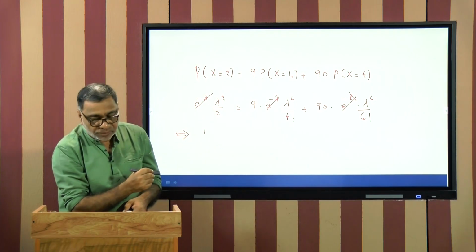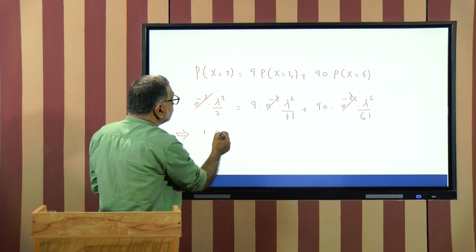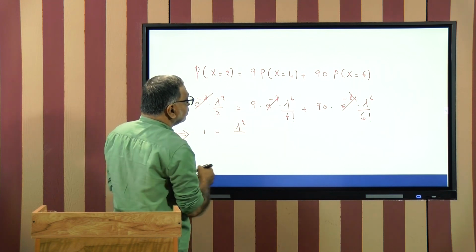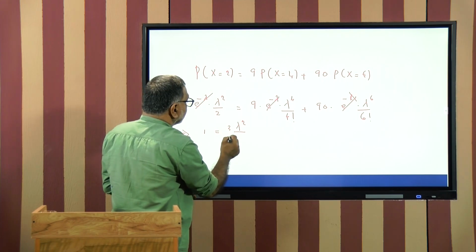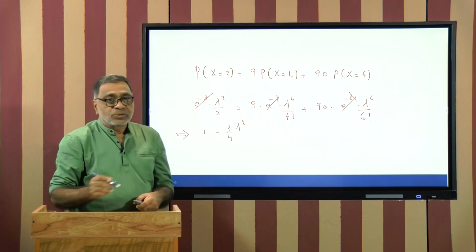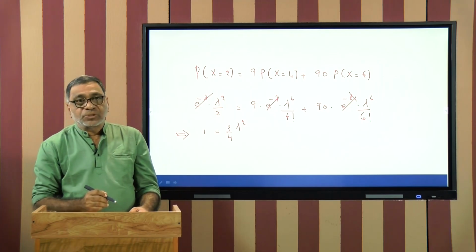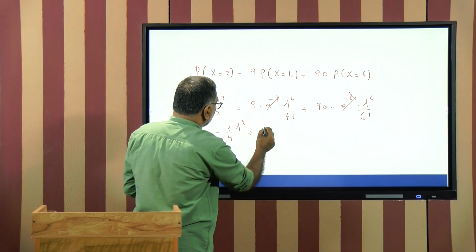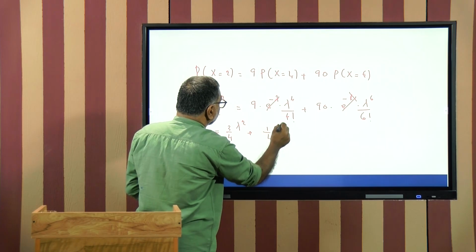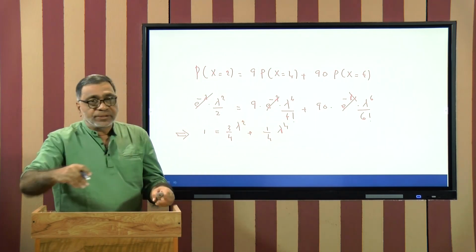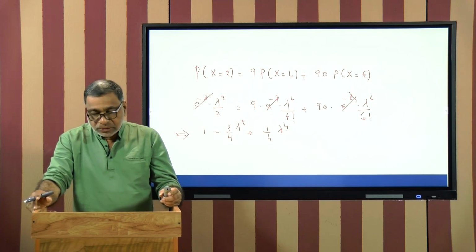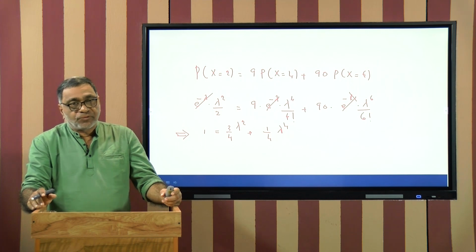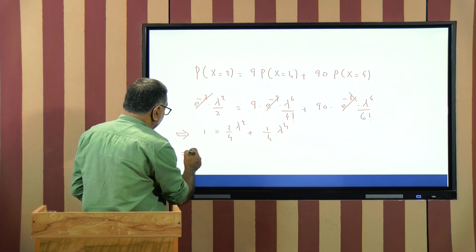This is equal to 3 by 4 lambda square plus, the next one simplified, 1 by 4 lambda power 4. So, after cancelling the common factors from both sides, this is the equation: 1 is equal to 3 by 4 lambda square plus 1 by 4 lambda power 4.